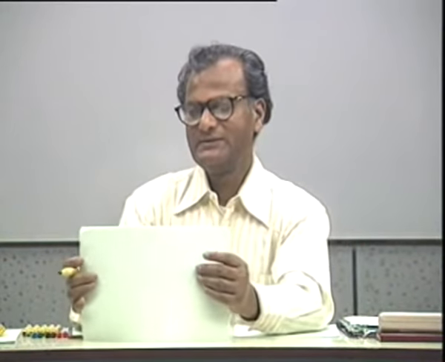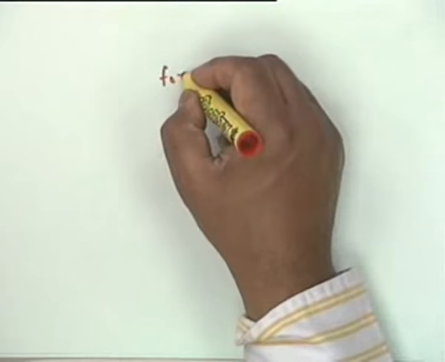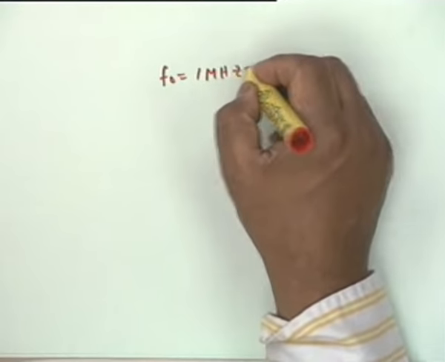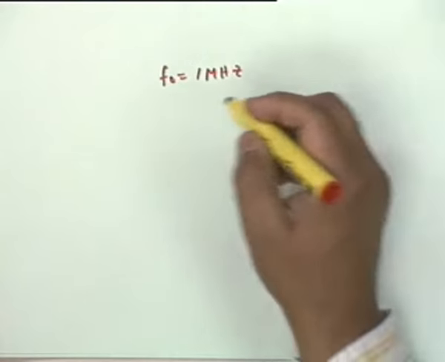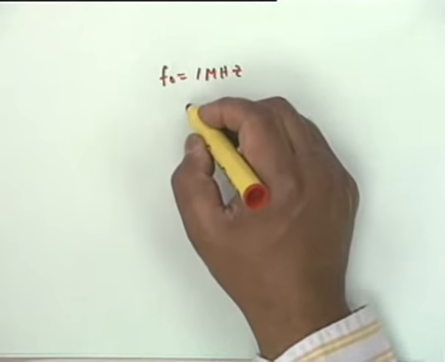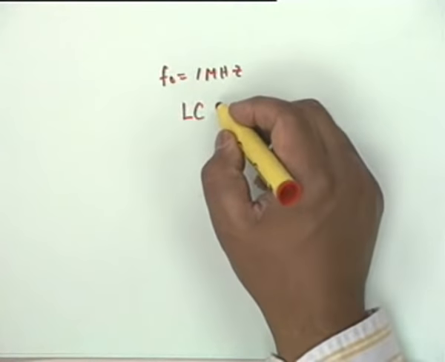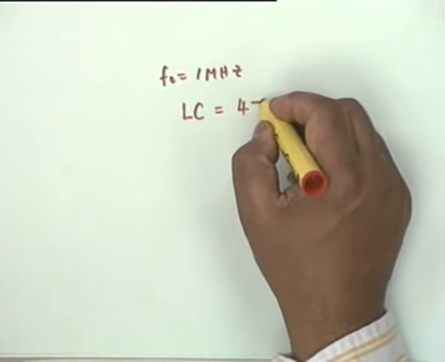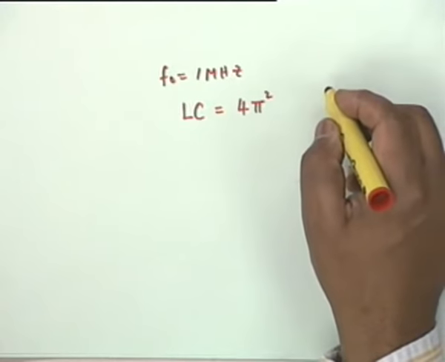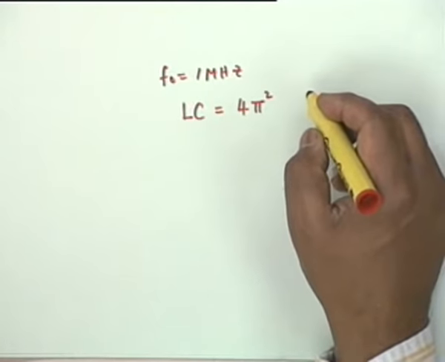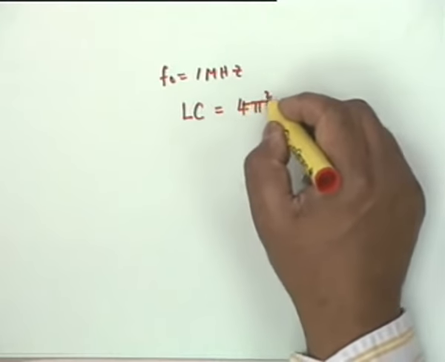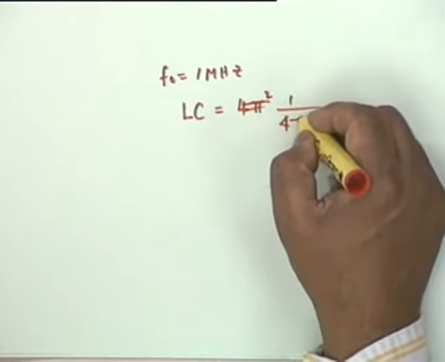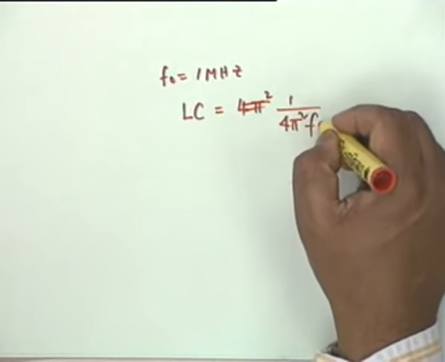Now it turns out that in practice, even for moderate frequencies, let us say if the frequency is 1 megahertz, then the inductance and capacitance should satisfy the relation LC equal to 1 by 4 pi squared F naught squared.